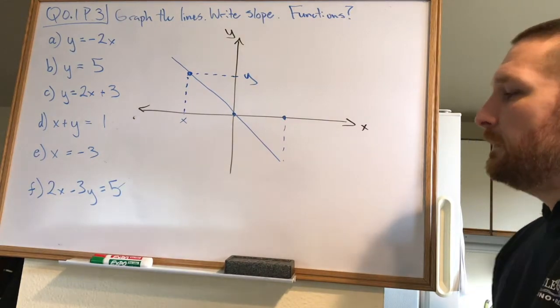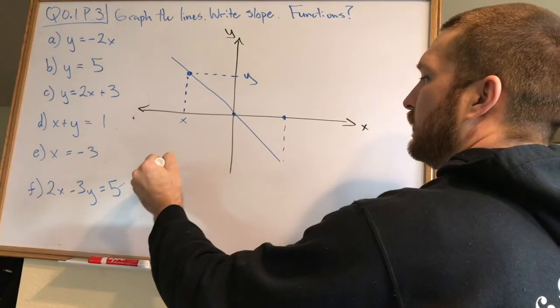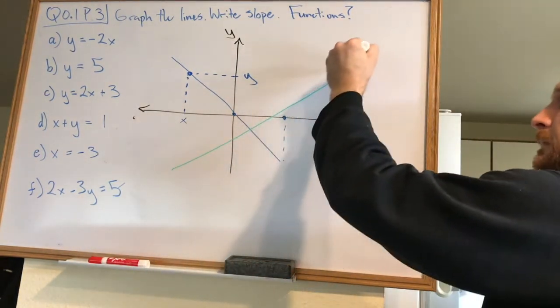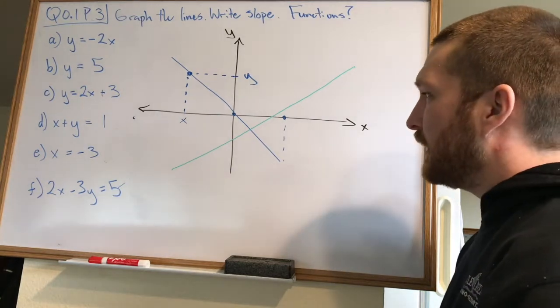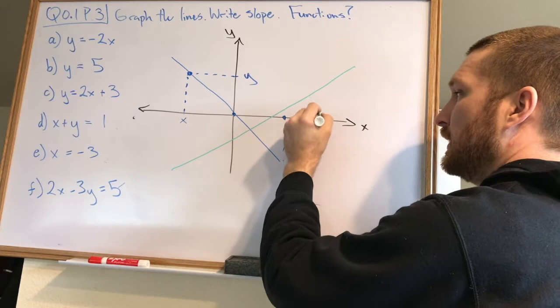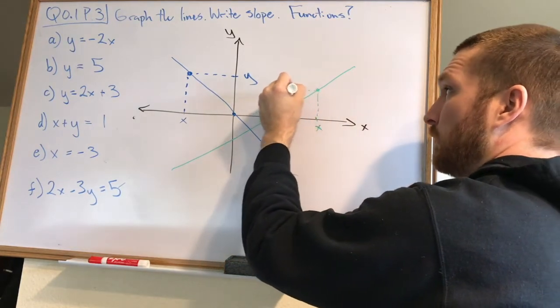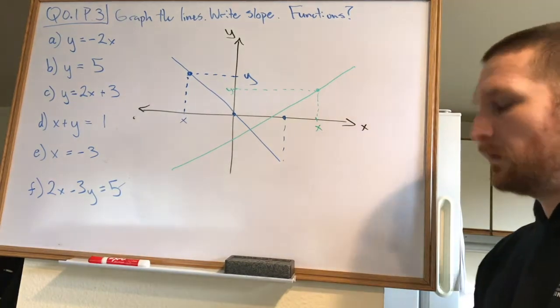Ditto with a line with a positive slope. For every one input x, it gives you only one output. Sure thing. Nice, good to go.